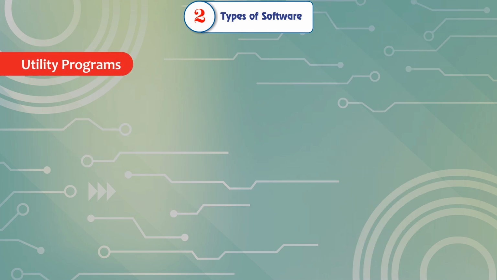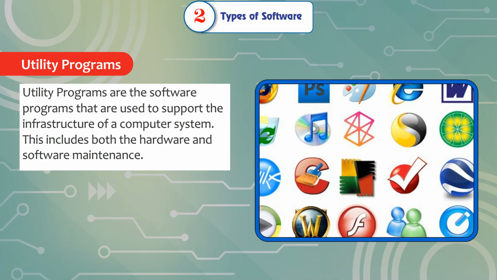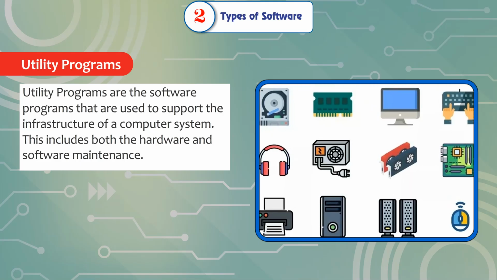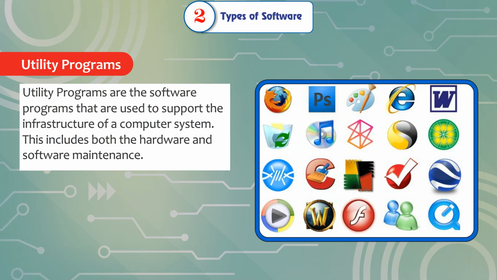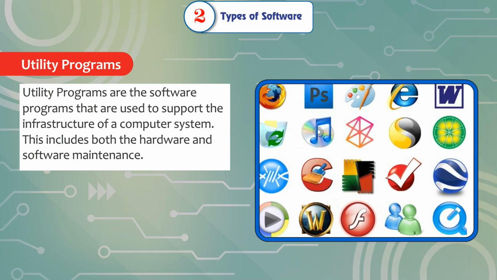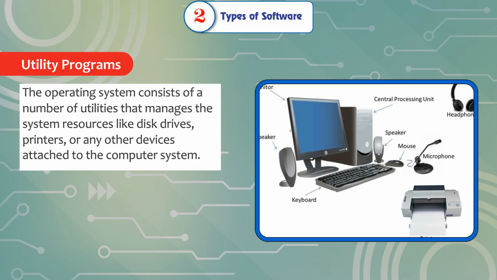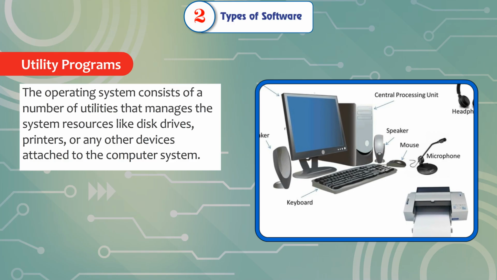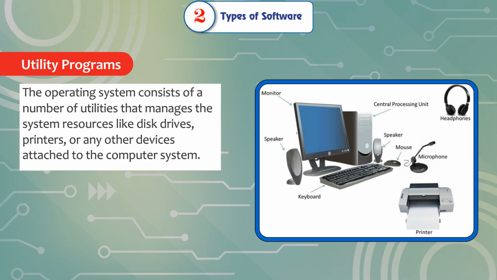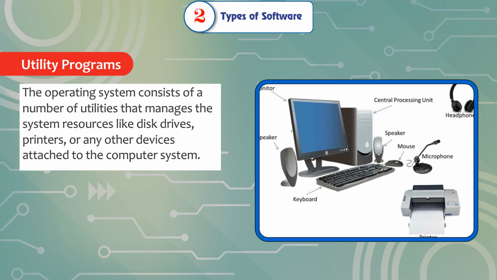Utility programs. Utility programs are the software programs that are used to support the infrastructure of a computer system. This includes both the hardware and software maintenance. The operating system consists of a number of utilities that manages the system resources like disk drives, printers, or any other devices attached to the computer system.